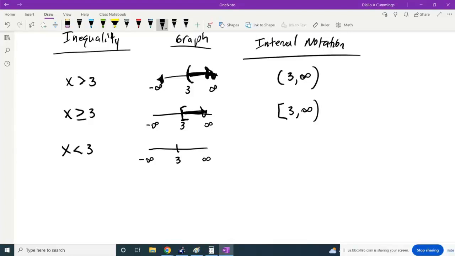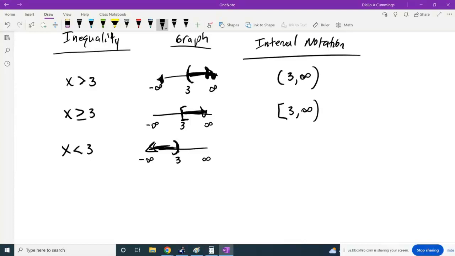So we want all numbers less than 3. At 3, I'm going to have a parenthesis, but this time the parenthesis is going to face the left because I want all numbers smaller than 3. My line is going to extend to the left.